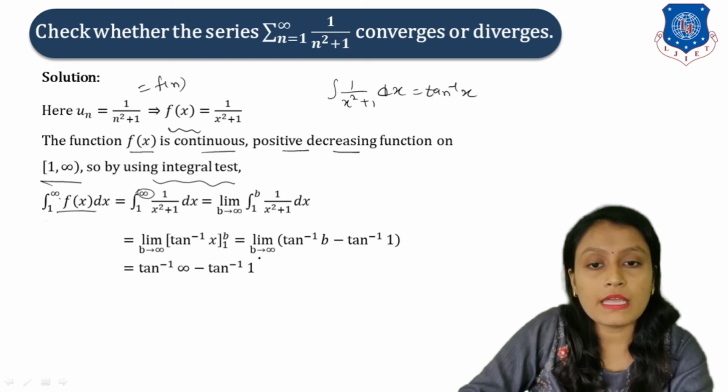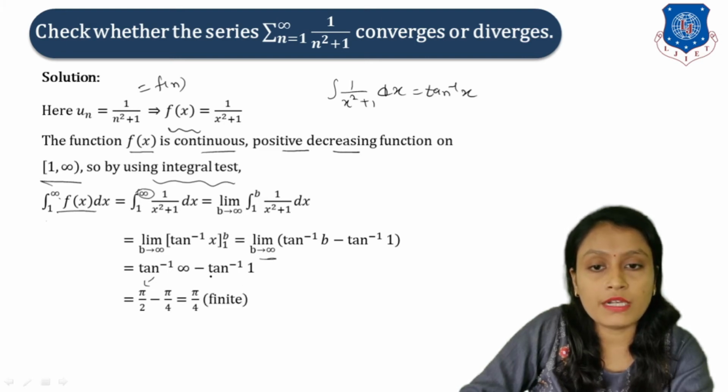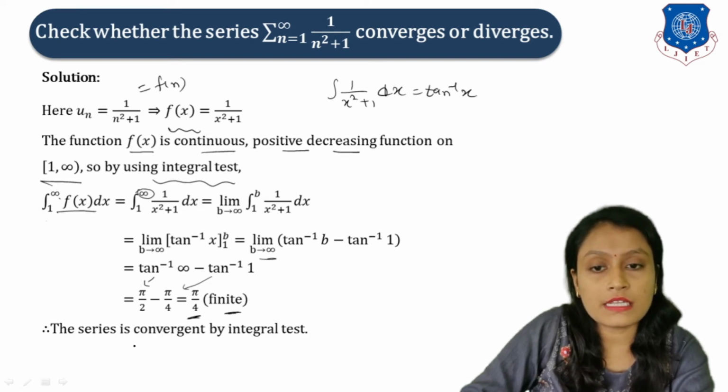Okay, now apply this limit, so you will get tan inverse infinity minus tan inverse 1. Now we know tan inverse infinity is pi by 2 and tan inverse 1 is pi by 4. Simplify this, so you will get the answer pi by 4, which is a finite term. Okay, so by Cauchy's integral test, what we can say is that the series is convergent, right?